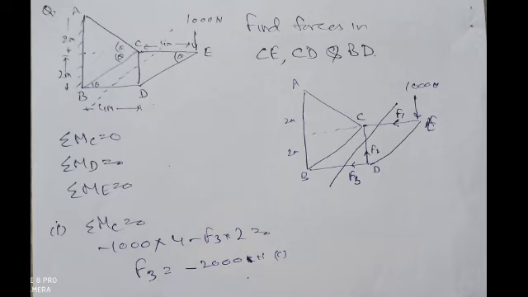Then we assume the side of the section line where forces are less, and we assume the forces in the members in which we have to calculate the forces. Next step is to find out the points about which we have to take the moments, and then by making moment equations we can find out the value of each and every force in various members of trusses. So this is the method of sections.